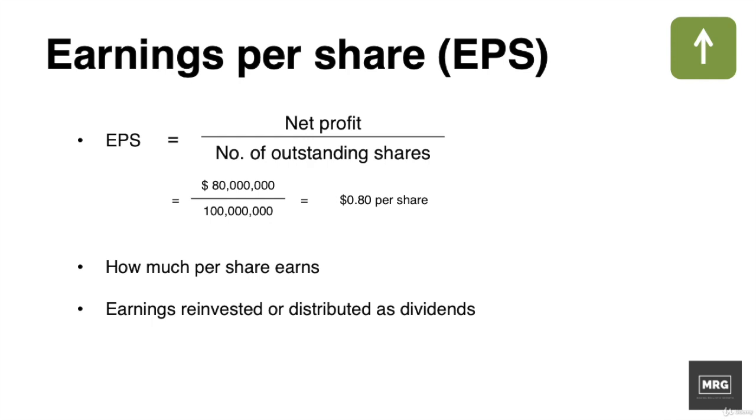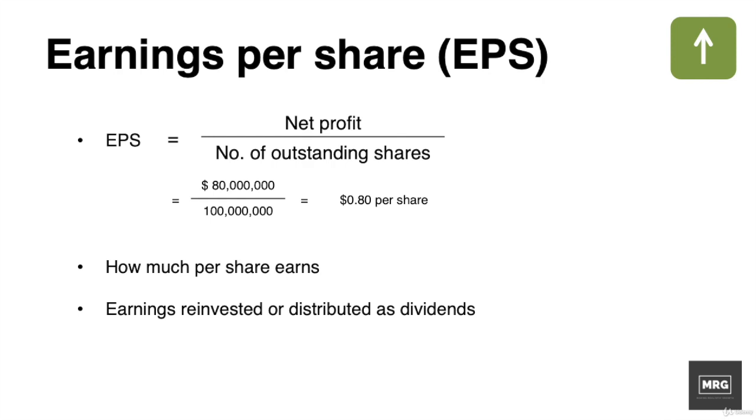Assuming company A has 80 million in net profit in a year, and there are 100 million shares out there in the public, you take 80 million divided by the 100 million shares, and you get 80 cents per share. To get the net profit, you can look for it in the income statement.